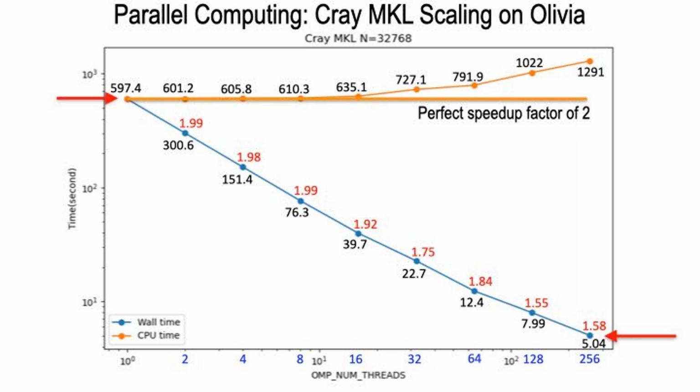The scaling analysis reveals that a computation requiring 597 seconds on a single core is reduced to 5.04 seconds on 256 cores, resulting in a speedup of about 119, which is below the perfect speedup of 256.